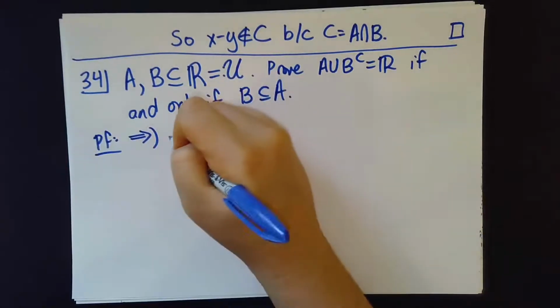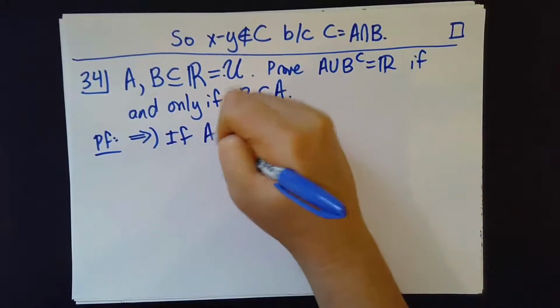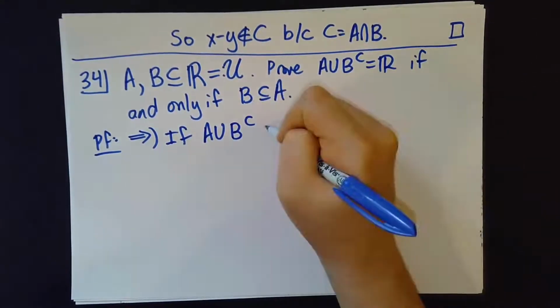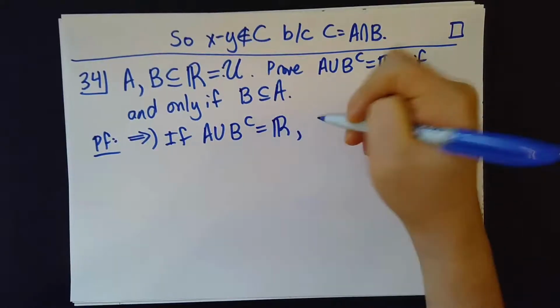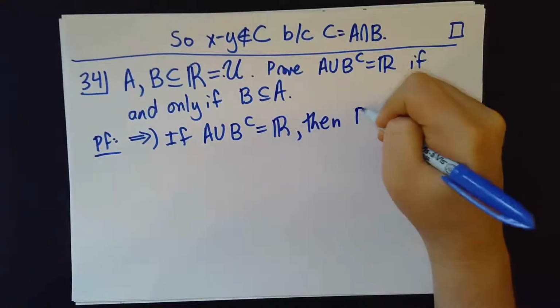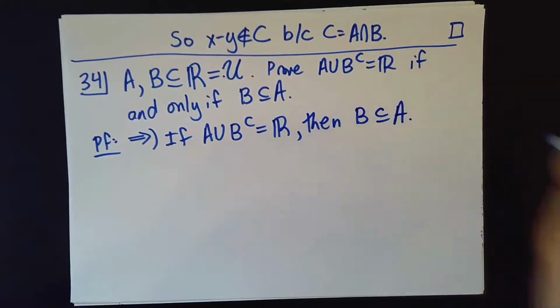So that is, I'm proving that if A union B complement is equal to R, then B is a subset of A.